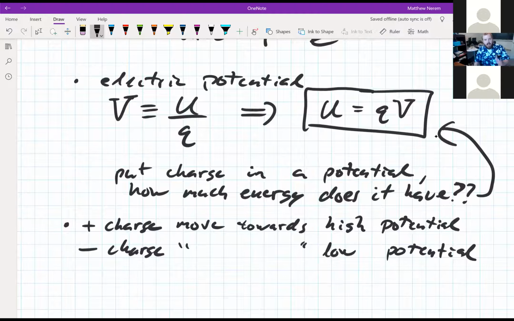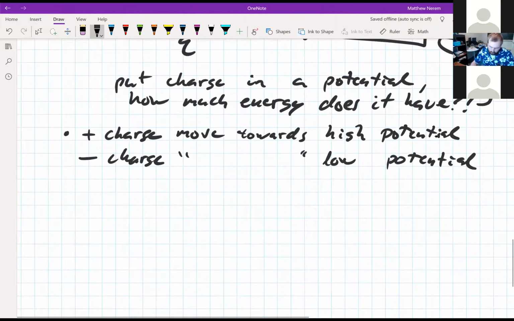This saying high electric potential is like saying there's a lot of positive charge there, right? There's a large concentration of positive charge. All right, keep moving on.